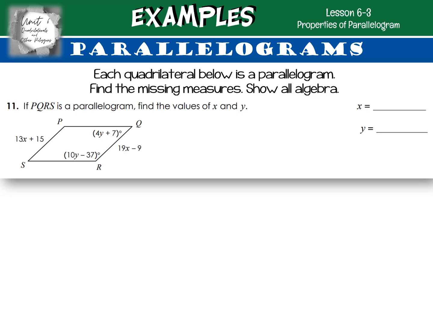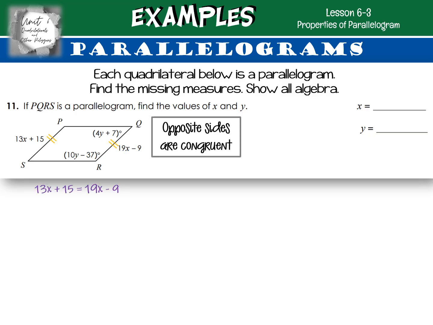Here's another one. If PQRS is a parallelogram, find the values of x and y. So the x's are opposite sides. They've got to be congruent, and the expressions with the y's are consecutive angles, so those would be supplementary. Let's do opposite sides congruent first.